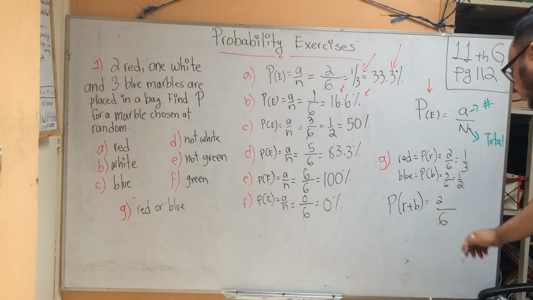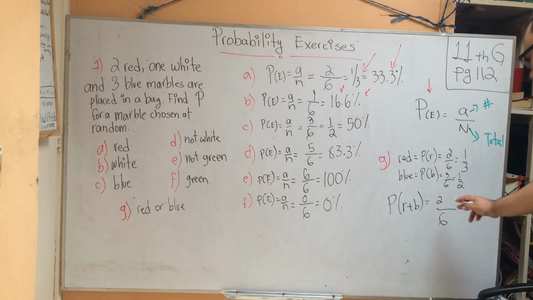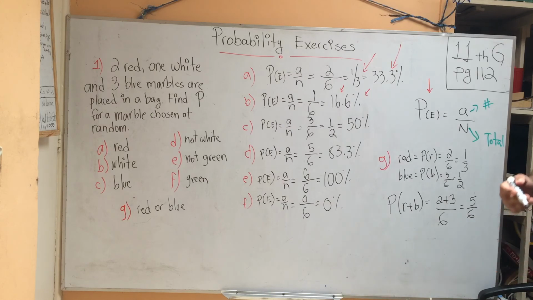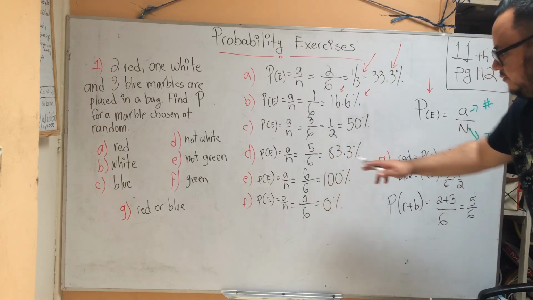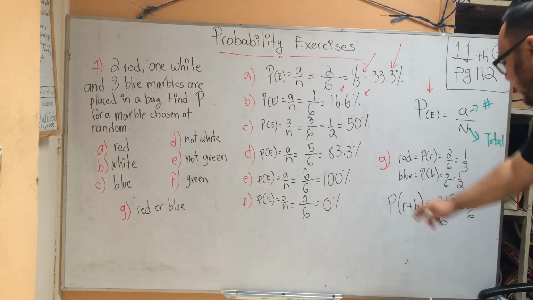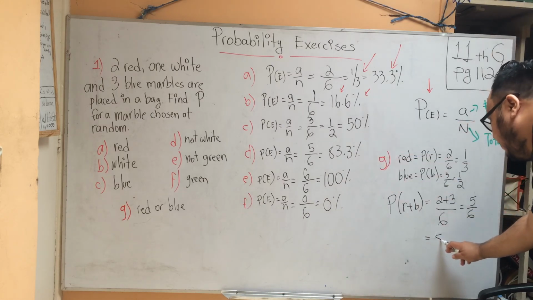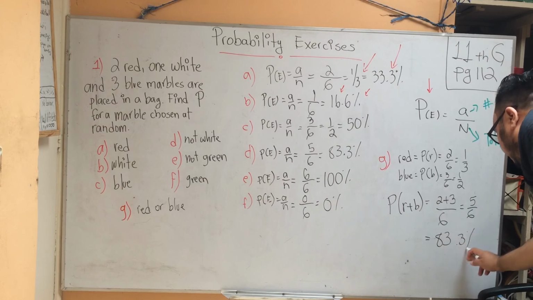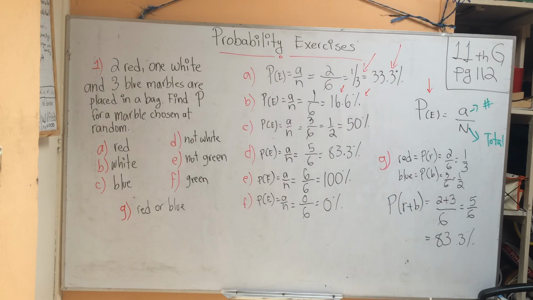The total number of reds is 2, and the total number of blues is 3. So getting either red or blue is 5/6. And without taking the calculator, we already have it here: the probability of getting either a red or blue is 83.3%. And that's how we get the answers to this exercise.